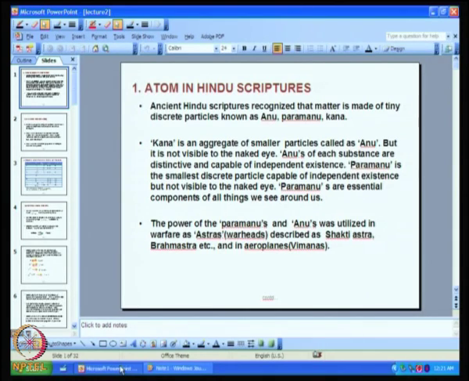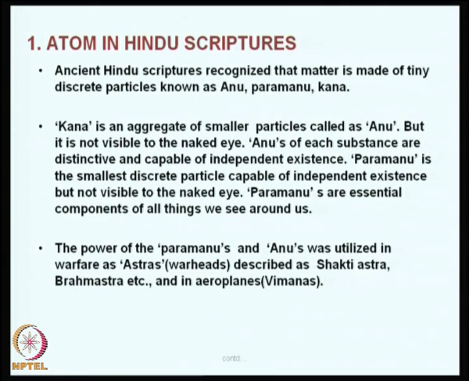Basically, a Kana is an aggregate of smaller particles called Anu. It is not visible to the naked eye, but it is capable of independent existence. Paramanu is the smallest discrete particle capable of independent existence, but not visible to the naked eye.